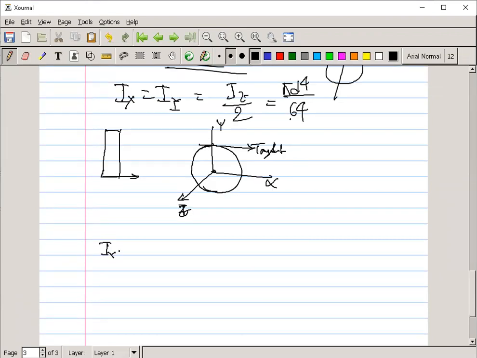Simply we have to write I of x is equal to, here also we have to use the parallel axis theorem. Remember this thing, I of x when it pertains to the centroid plus A h square. h is the distance between the two axes. So for the present case, I of xz, how much is it? Does anyone remember, for any circular area, what is the moment of inertia when it passes through the centroid?